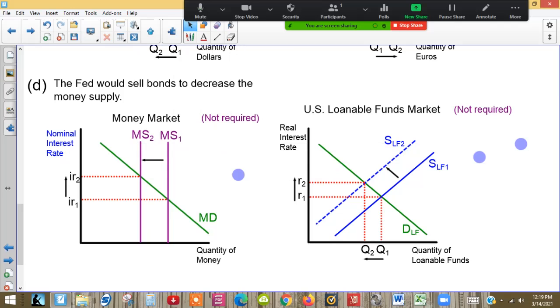Now, you don't have to draw these graphs for your answer, because it's not asking you to, but it just helps you to see why the answer is the answer.